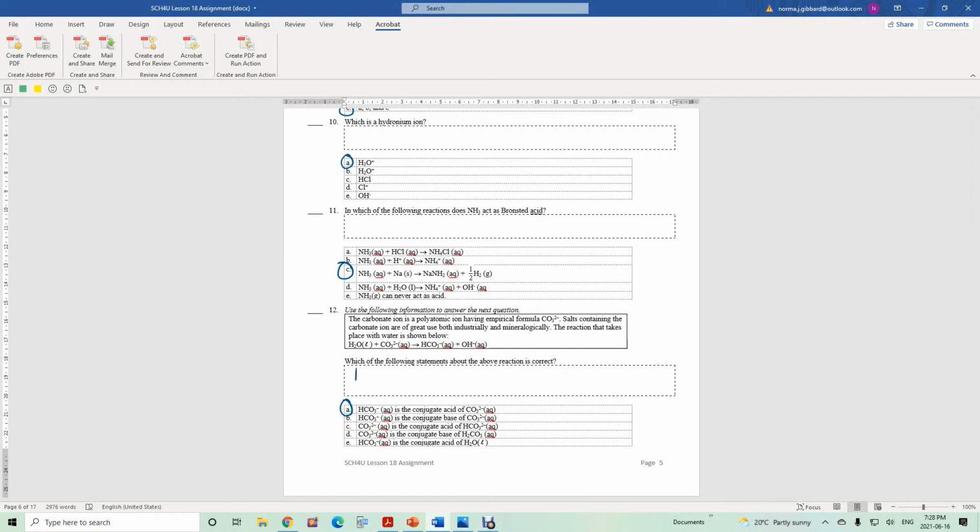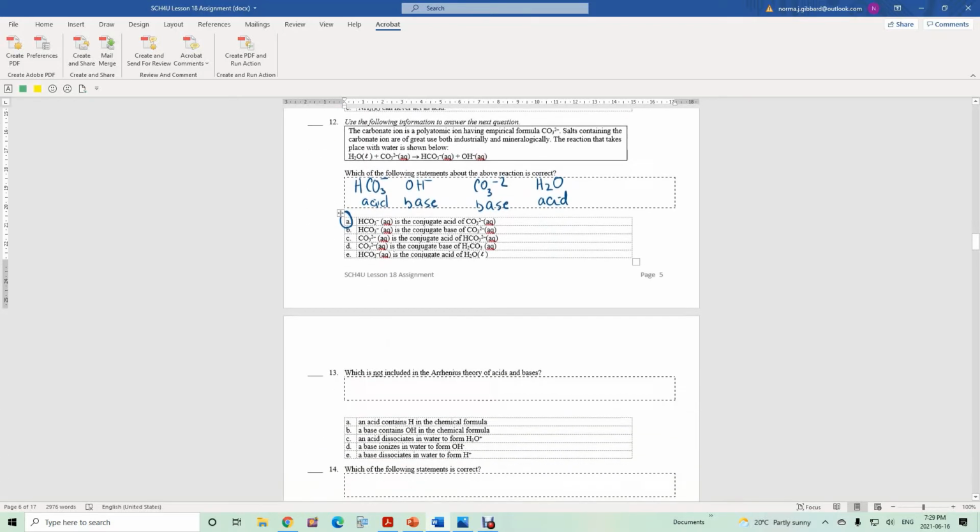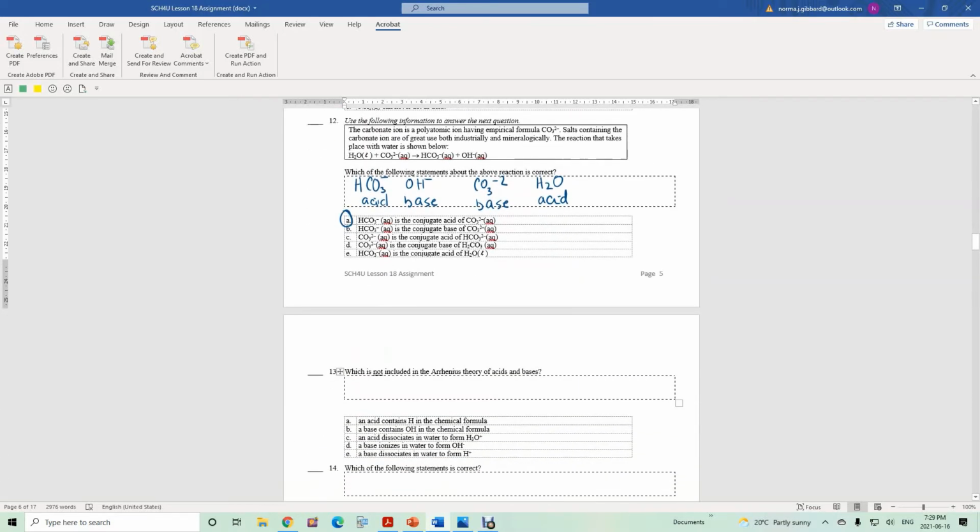Okay, so we know that HCO3 minus is your acid, and OH minus is your base, and then we have CO3 2 minus is the base, and H2O becomes the acid. Okay, number 11.